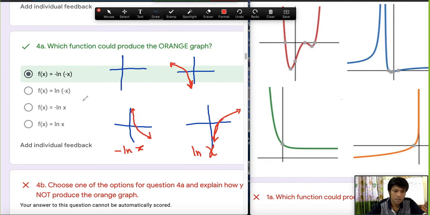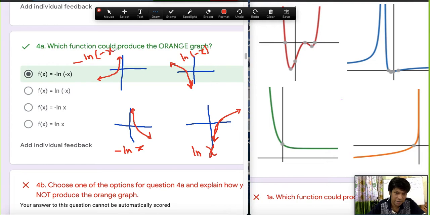So this is ln minus x. And now this one is another reflection. This is double minus. If you remember, I said it this way: if there is double minus, then the graph is this one, minus ln minus x.